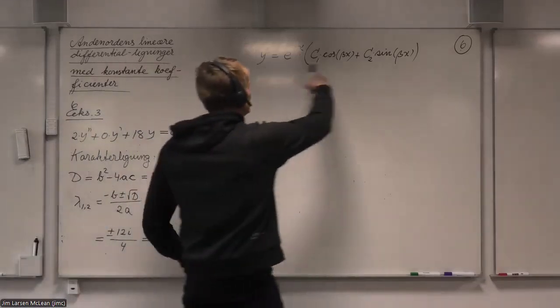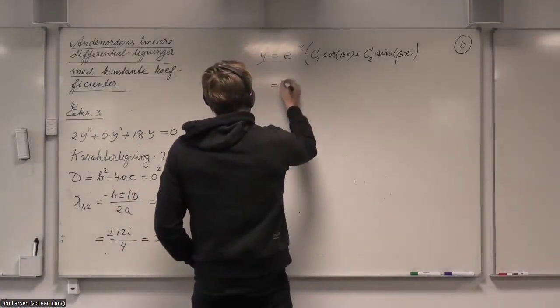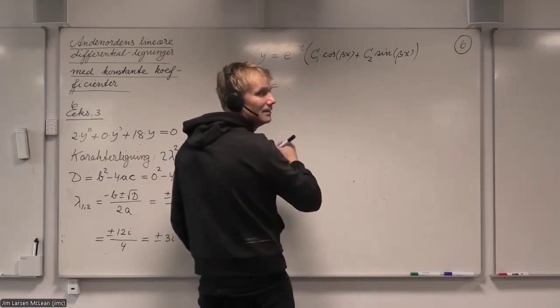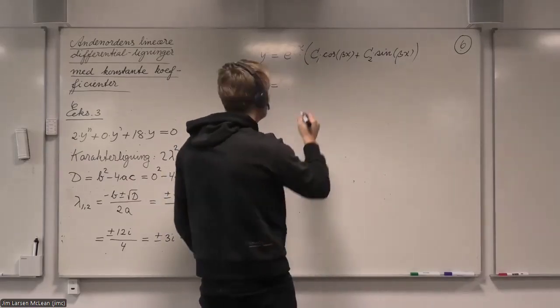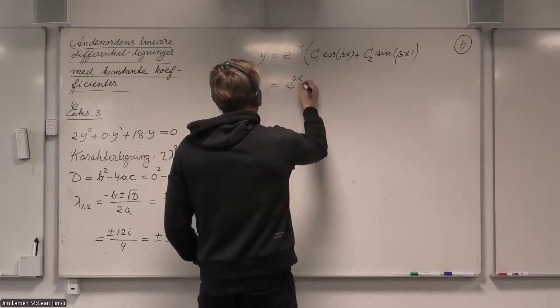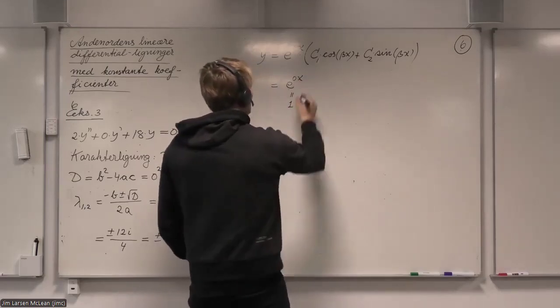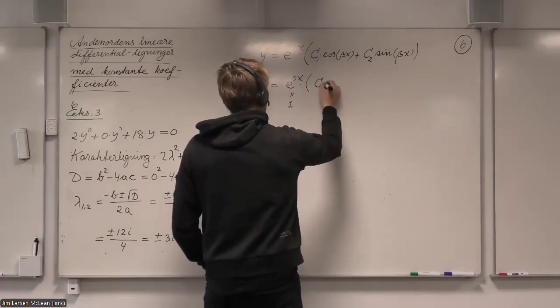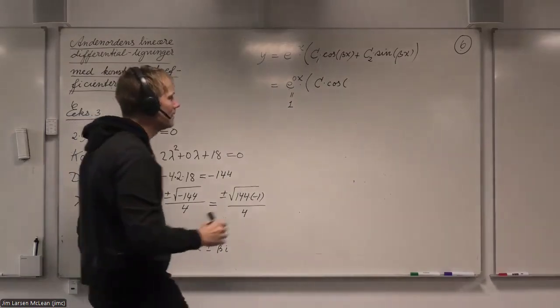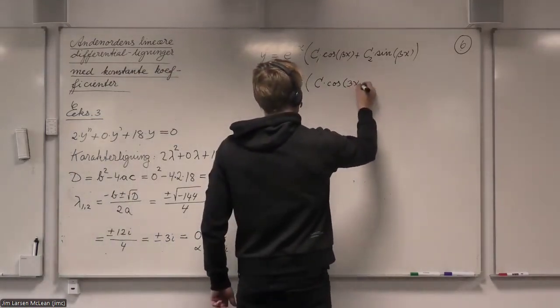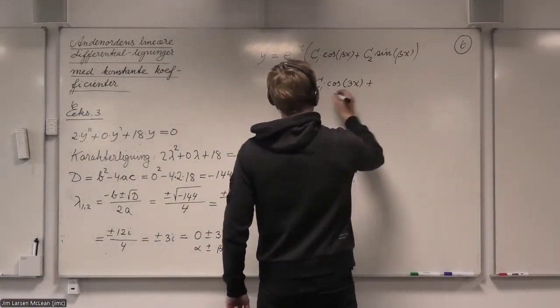Then just observe it. So I substitute e to the 0. That was just 1. So here it says e raised to the power of 0x, but it was just 1. And then I need to multiply it by c1 times cosine of beta, but beta was 3. So 3x. And then plus c2.